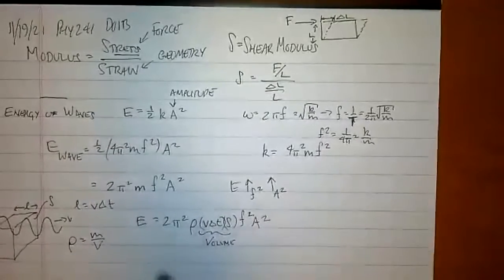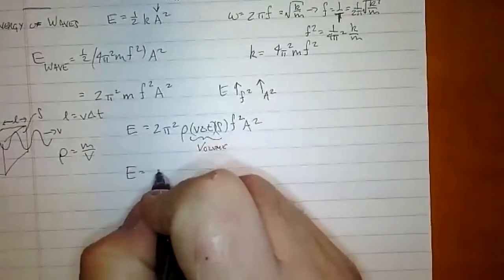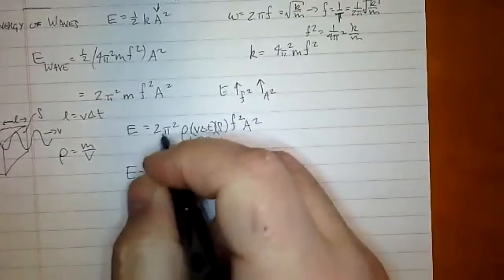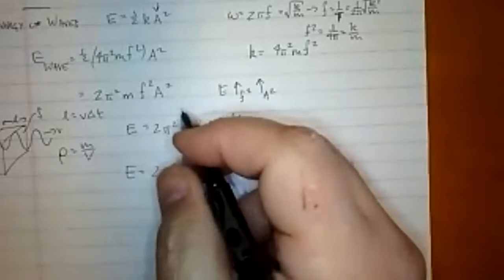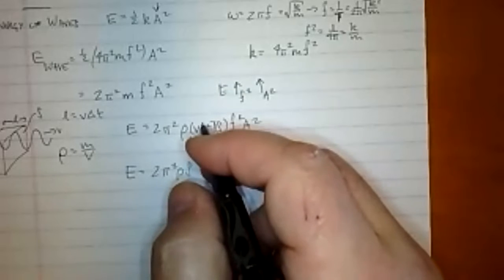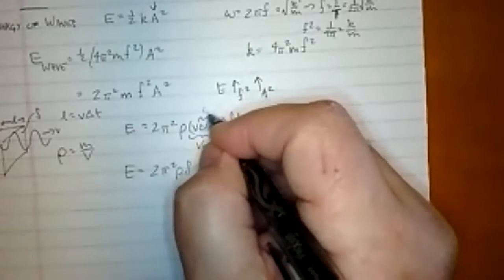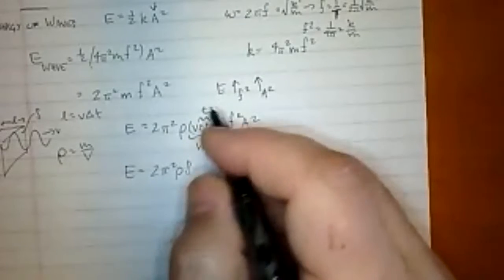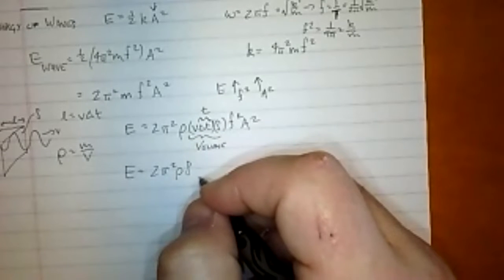So that's actually our final expression. I'm going to say energy is equal to 2 pi squared. Let me put it in the same order that I normally do. We normally do 2 pi squared rho, then I do S, and then I do V times, instead of delta T, let's just call that T. Sorry about that. I was remembering my relativistic stuff where I was using delta T, and I just instinctively used delta T.